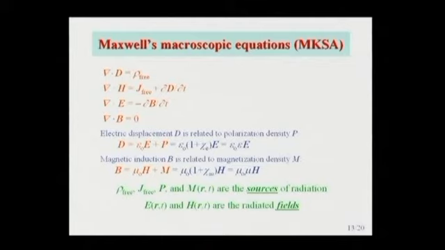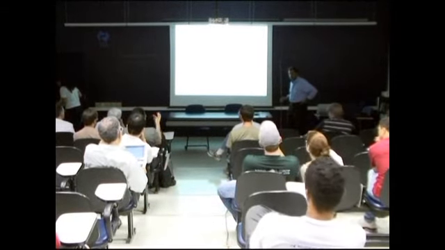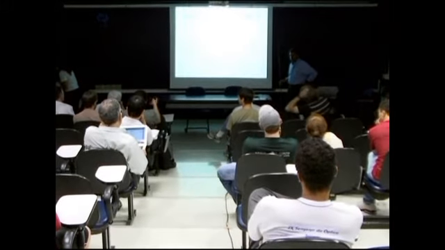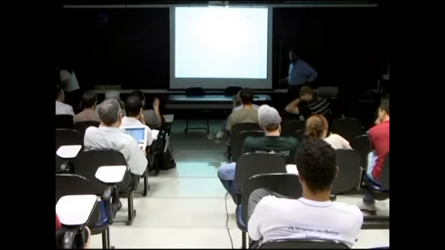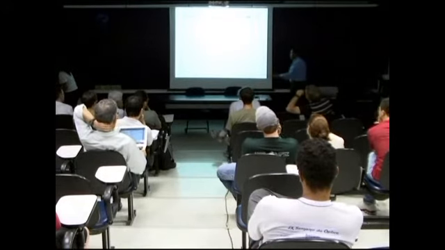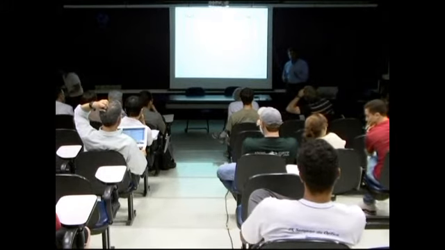Does polarization and magnetization represent those bound charges and currents? Exactly. In fact, I have a slide in a couple of minutes that shows that. You can express them in terms of bound charge and bound current.